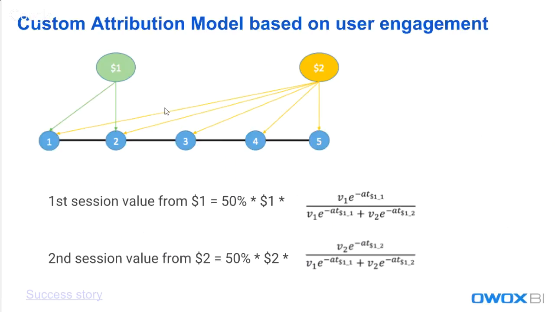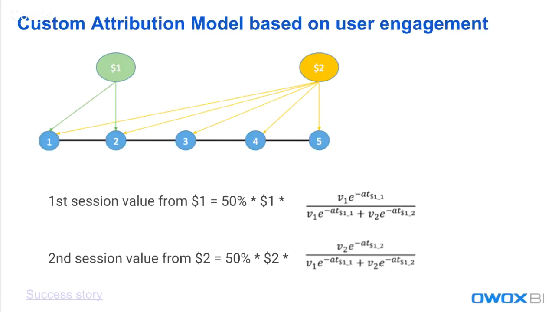And the sessions in between got the remaining 50% of the credit, and the sessions were evaluated by the number of hours before a purchase. So the logic was that the more pages were viewed within the session and the fewer hours passed before the purchase, the more value the session received.